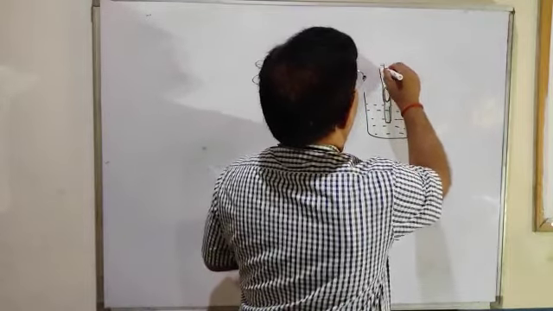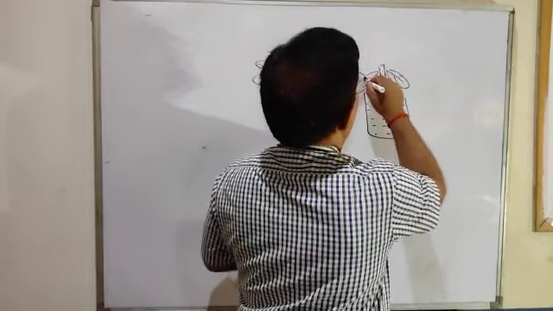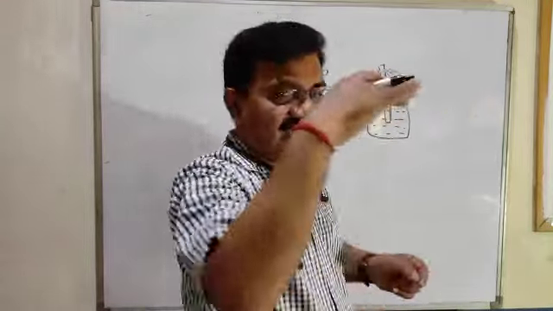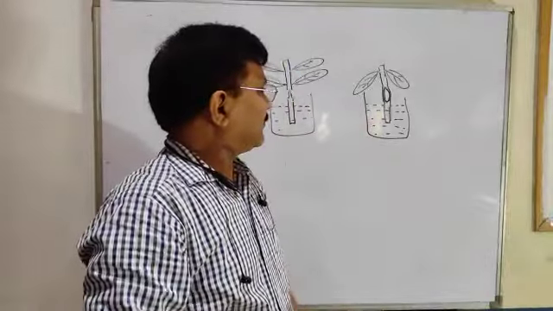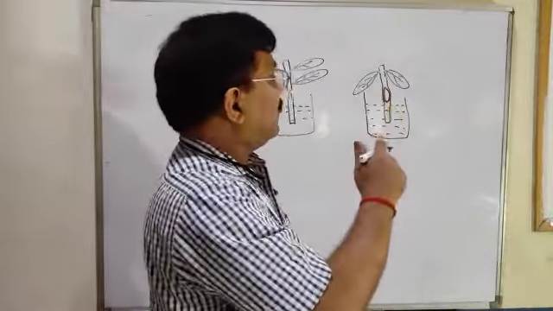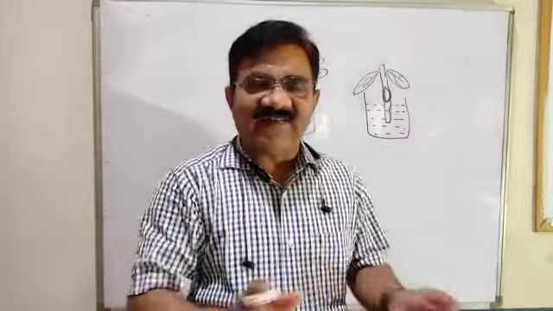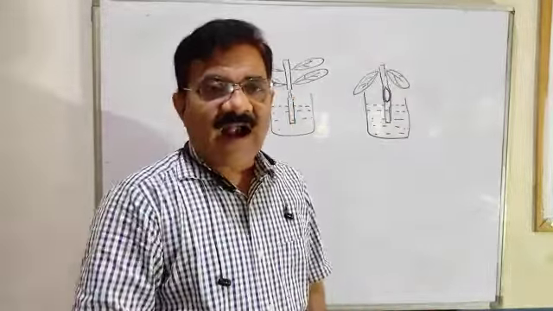After some time, the condition of the leaf will become like this: it will wilt, will fold, murjhana. Why? Because xylem is removed. Xylem was present in the middle of the stem, which was removed, and was unable to conduct water.